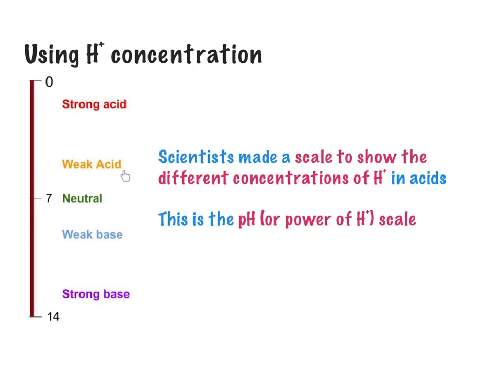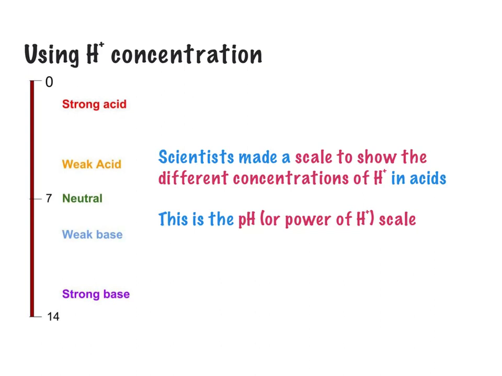Alright? And then after that, the bases take over. So the pH scale allows us to check on the strength of an acid or the strength of a base. So it's really useful in that way. But it has its problems too.